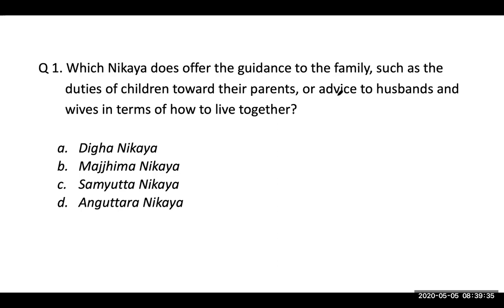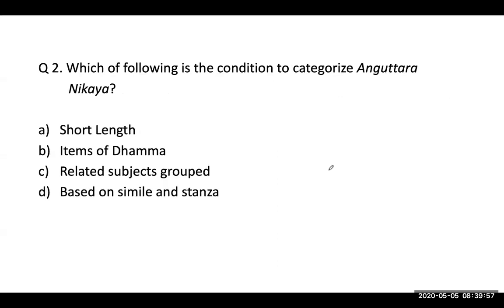And then also advice on the relationship between husband and wives. We also read that sutra. So this kind of sutra is hard to find except in one kind of Nikaya. So that will be the answer to this question.